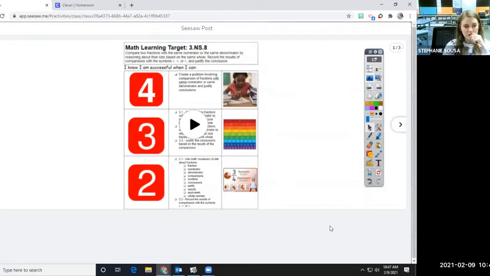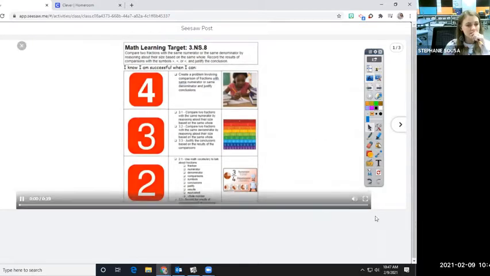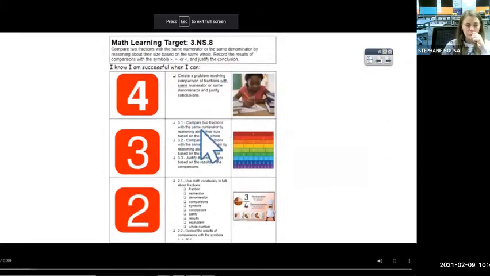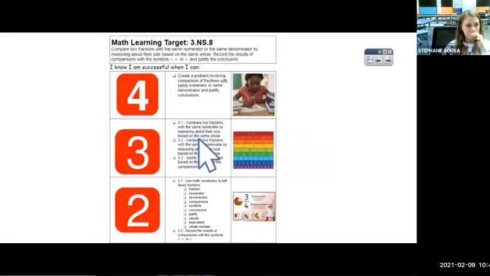Got to share the sound. There it is. Today we are going to be continuing with comparing 2 fractions with the same numerator by reasoning about their size based on the same whole. We will be looking at fractions and creating also our own comparisons with the same numerator and also justifying our conclusions.